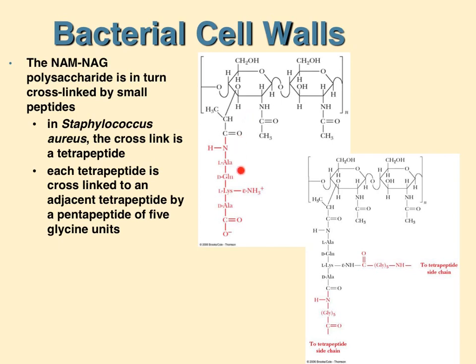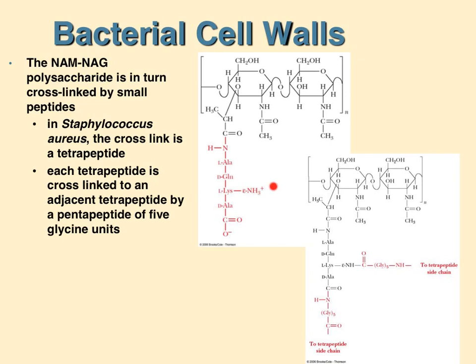But what happens here, and it's cool, but it's also really bad for us, but good for the bacteria, is that they have these four amino acids in a peptide bond that go on down. One of them is a lysine. If you remember, lysine's got a whole bunch of carbons, hydrogens, and then that one amino group there.